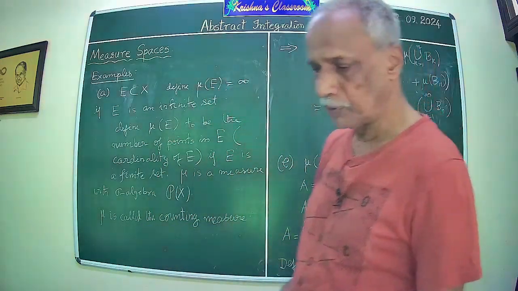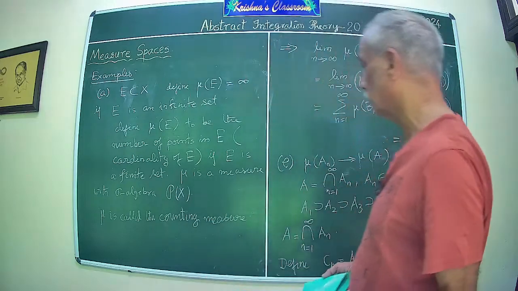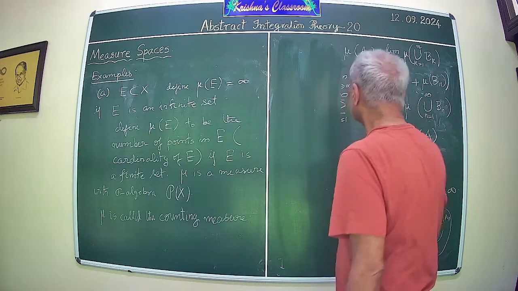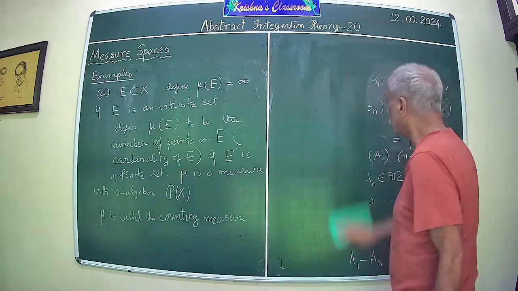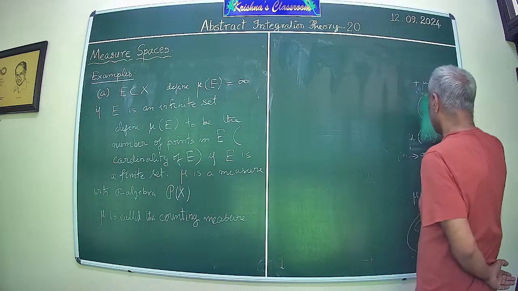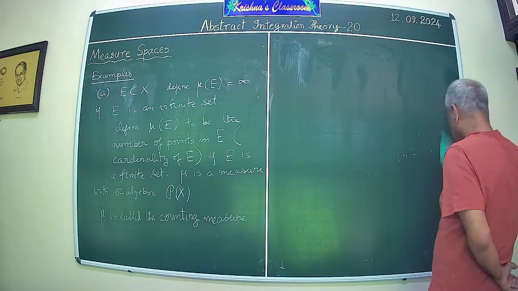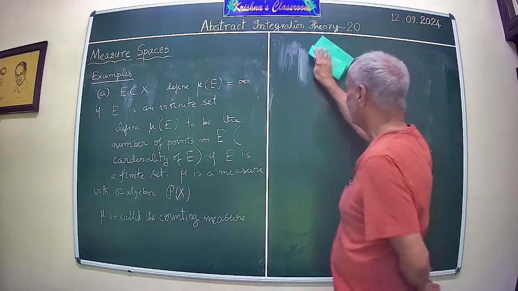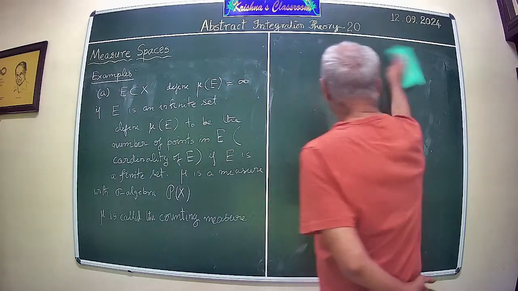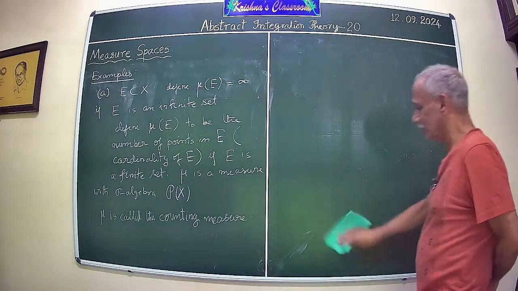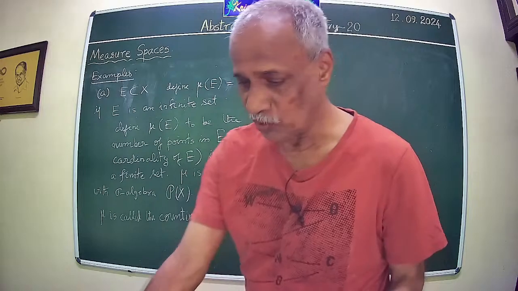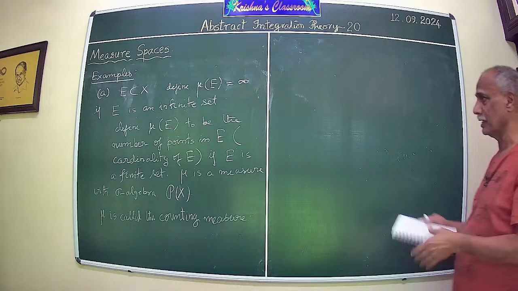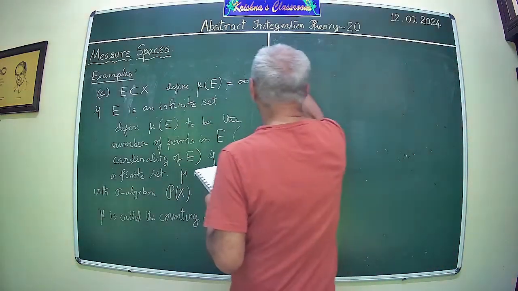So in problems involving, say, probability theory and so on, this counting measure becomes significant. I am not too familiar with the probability interpretations of measure, except that one of the origins of measure theory is from requirements in probability.